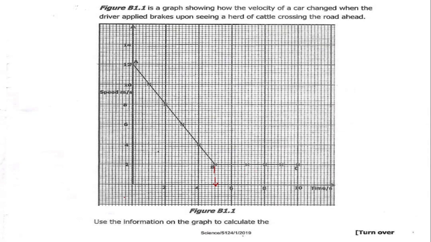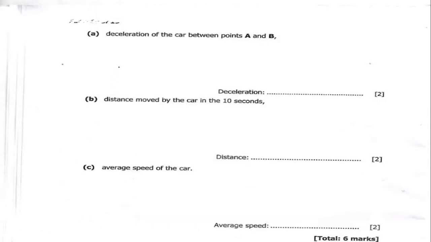So the question is saying use the information on the graph to calculate the deceleration of the car between A and B.